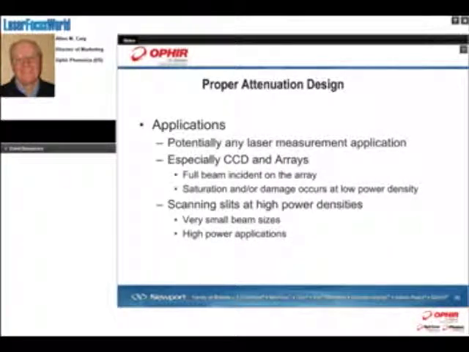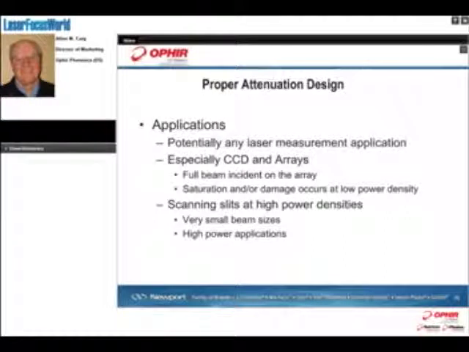So what are the applications for attenuation? Well, pretty much any laser measurement application may require some kind of attenuation. This is particularly true if you're using CCDs or arrays. As I said before, CCD or array type profilers are first of all very, very sensitive.